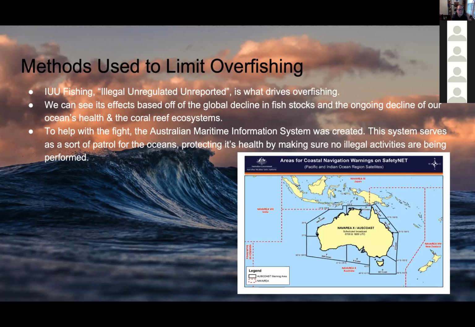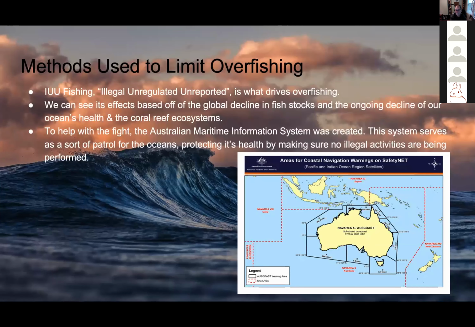Because of these issues IUU fishing is causing on the environment, the Australian government created an organization called the Australian Maritime Information System, which patrols the marine borders off the coast of Australia by enforcing the country's fishing regulations and making sure that no illegal activity is taking place in its waters that has a negative impact on the coral reef ecosystems.